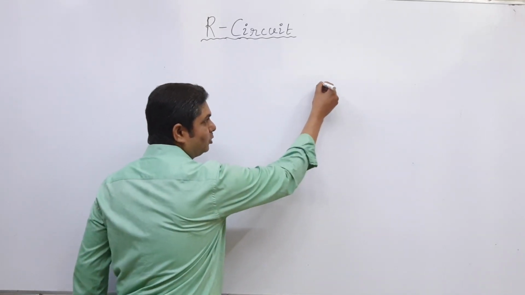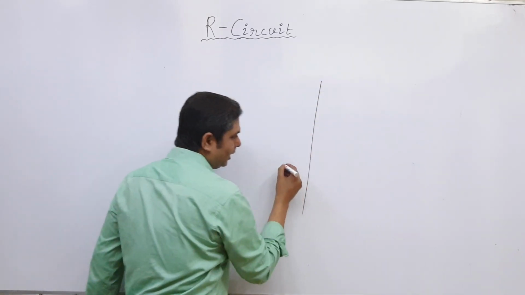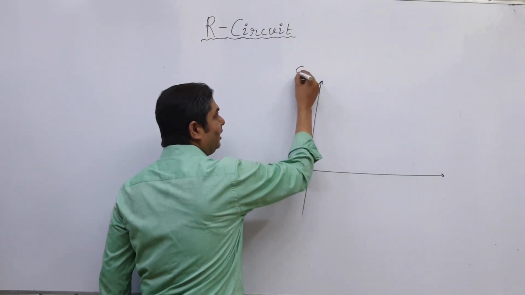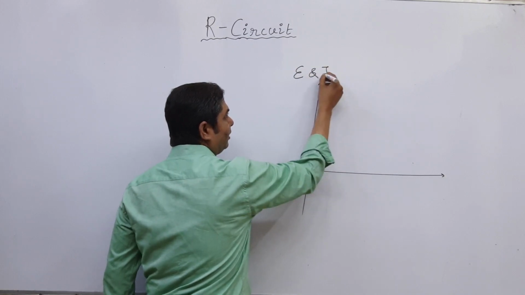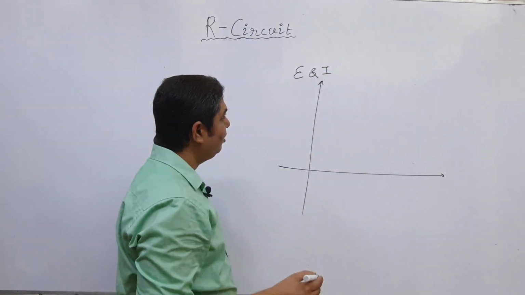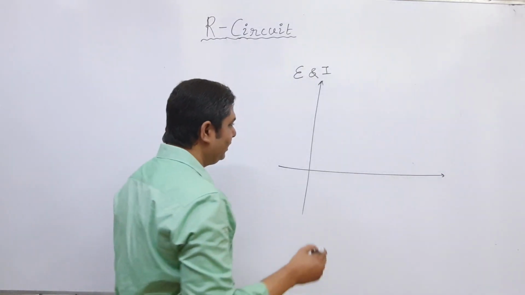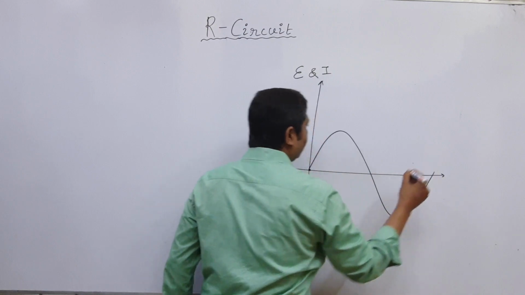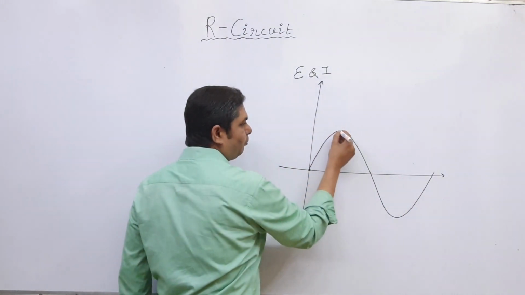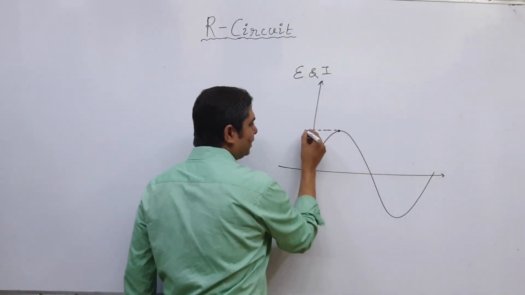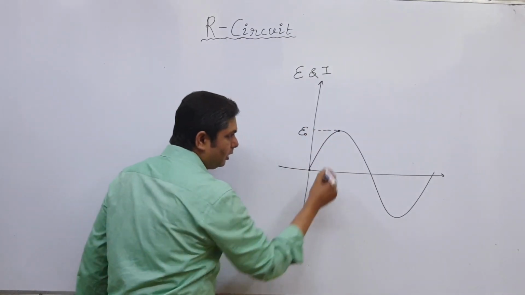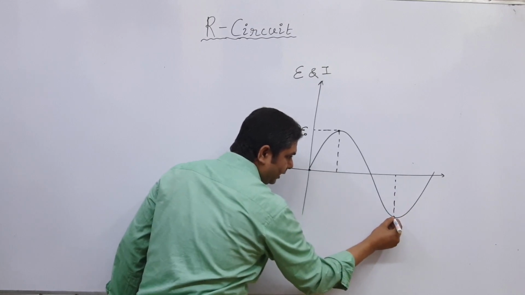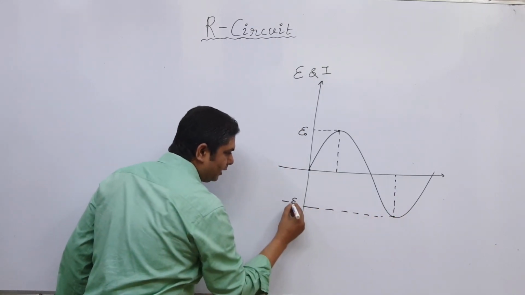Now let us draw, this is the y-axis and this will be the x-axis. Let us take E and I on the y-axis, and we will draw the diagram of E and I. Let this be the graph of E. This is the peak value, said to be E naught, and this is the peak value on the negative side, known as minus E naught.